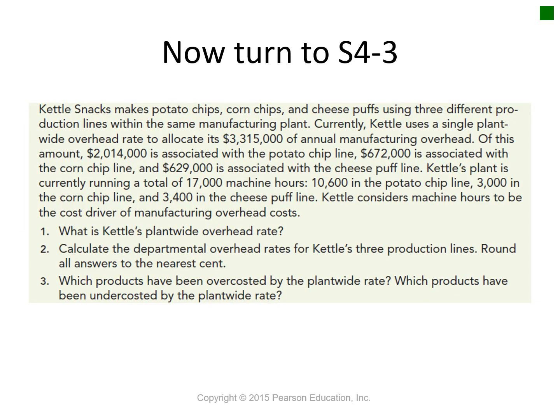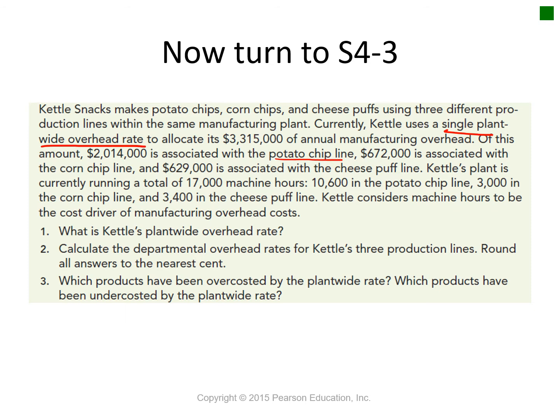Okay, so for this example, this is Kettle Snacks. They make potato chips, corn chips, and cheese puffs using 3 different production lines within the same manufacturing plant. Currently, Kettle uses a single plant-wide overhead rate to allocate its $3,315,000 of overhead. It says of this amount, $2,014,000 was associated with the potato chip line, $672 is with the corn chip, and $629 is with the cheese puff line.